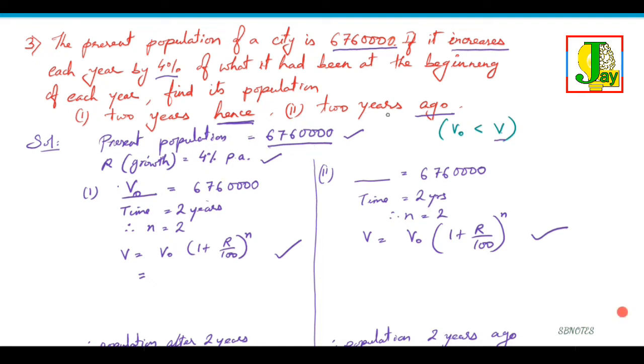But in the second case, where we have to find the population 2 years before, the population was lower than what we have today, and hence this is more, and this is the final population of the city. So now that we have decided whether it is V naught or V, we can put the values in the formula. Okay, so time is given 2 years.